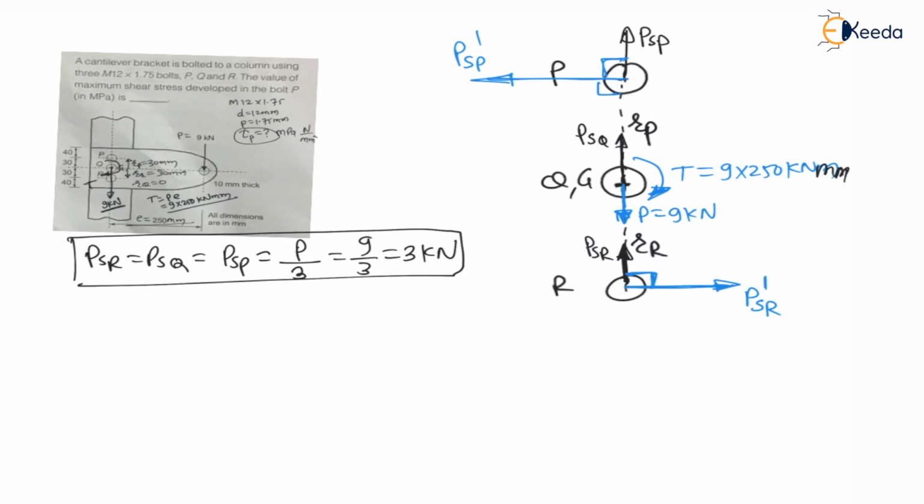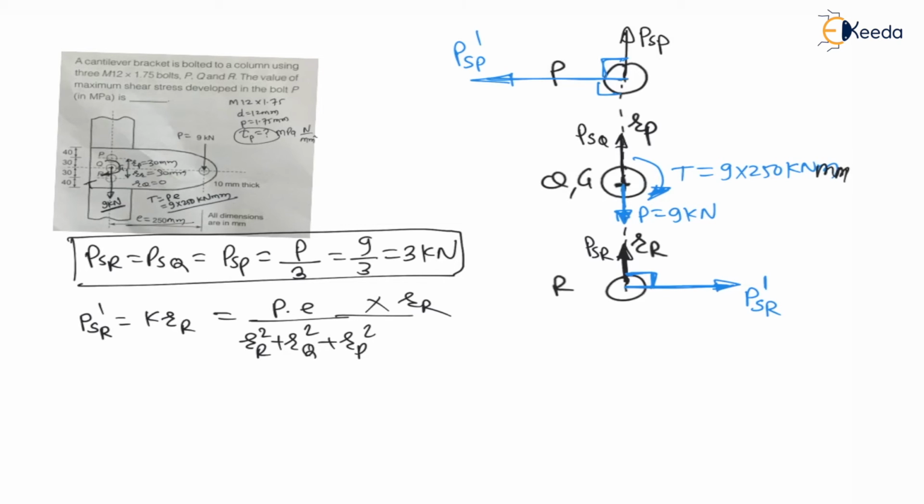Now we know that the secondary shear load, let us say PSR dash, is nothing but K into radius of R, and K is nothing but P into E divided by radius of R square plus radius of Q square plus radius of P square, into radius of R, right?